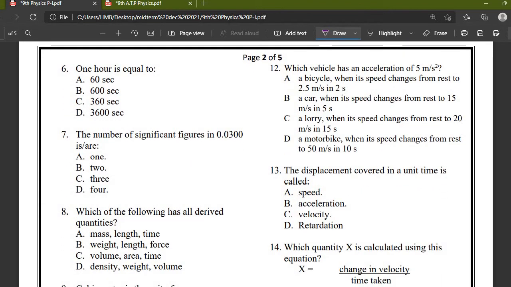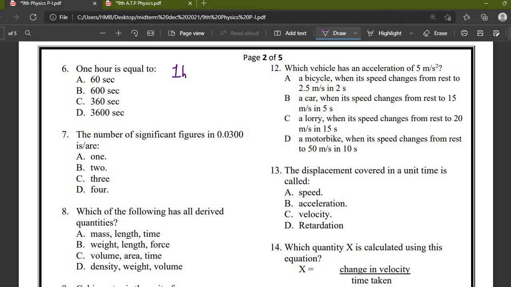Then we have question number 6. We know that 1 hour is equal to 60 minutes and each minute is equal to 60 seconds. So 60 multiplied by 60 will become 3600 seconds.